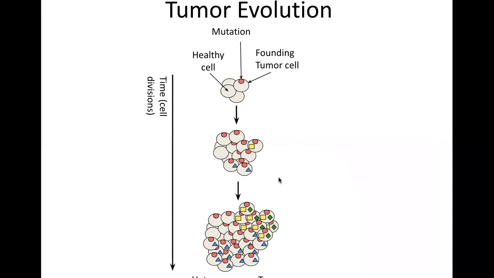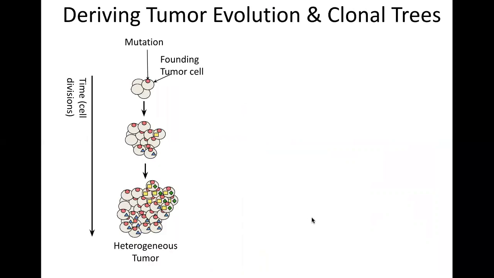Some of these mutations will also provide a selective advantage, leading to a new increasing population. As a result, at any given time, a tumor is a heterogeneous mix of different cell populations, each with different mutations. However, note that we don't directly observe the evolution of a tumor.